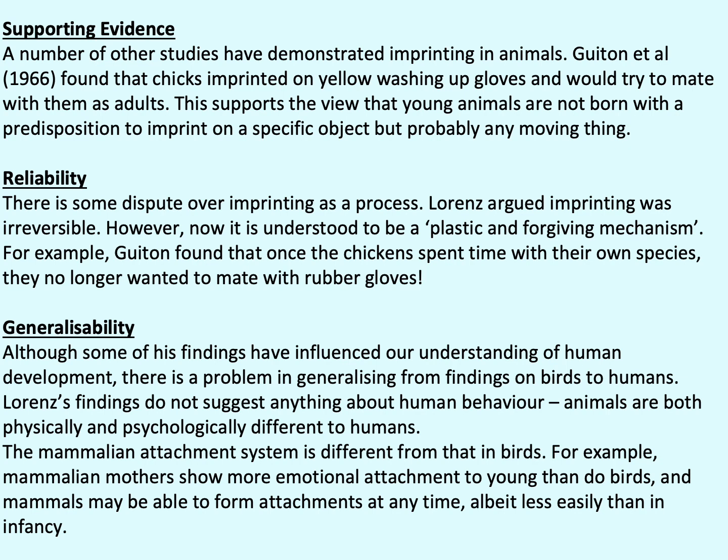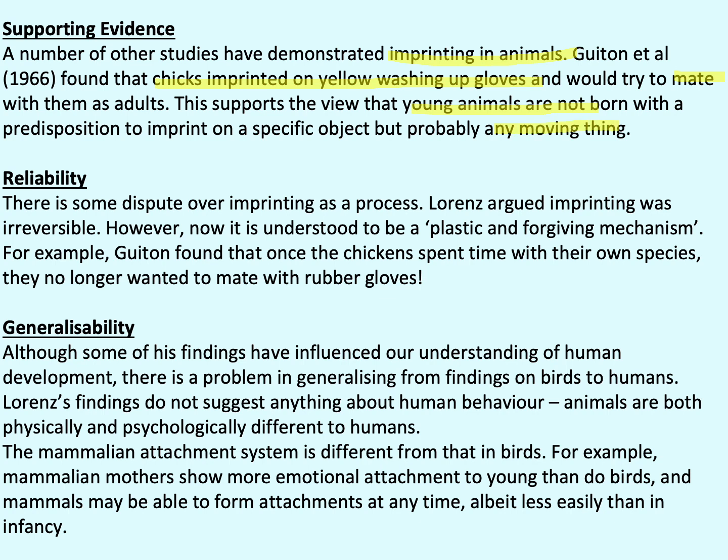So having a look at these AO3 points in more detail, as mentioned earlier, the conclusion that imprinting does have an effect on later mate preferences. You've got other studies that have demonstrated this imprinting, particularly this one here where chicks imprinted on yellow washing up gloves and tried to mate with them as adults, supporting the view that young animals are not born with a predisposition to imprint on a specific object, but just any moving thing.